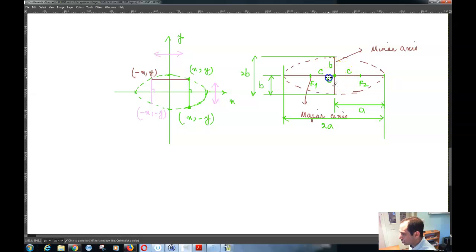The center is usually denoted by O, because we usually locate our ellipse at the center of the coordinate system, and the center of the coordinate system is usually denoted by O.